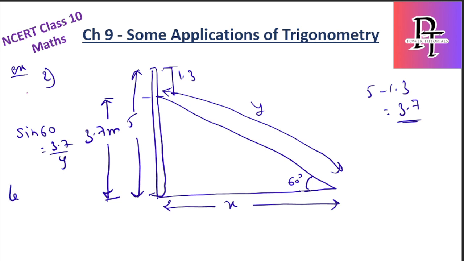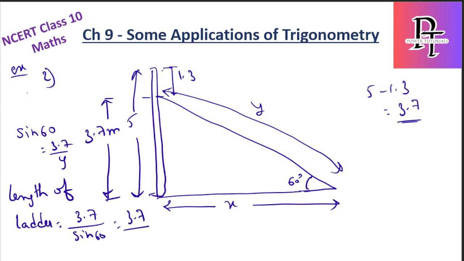So the length of the ladder is 3.7 by sine 60, which is 3.7 by root 3 by 2. So 3.7 into 2 is 7.4, by 1.732.